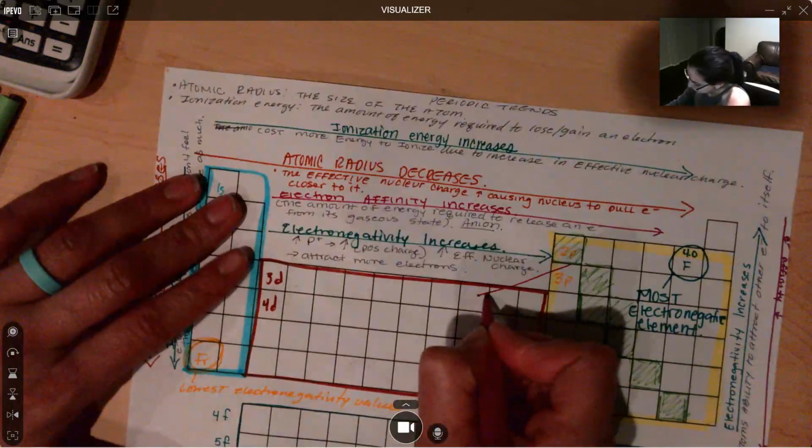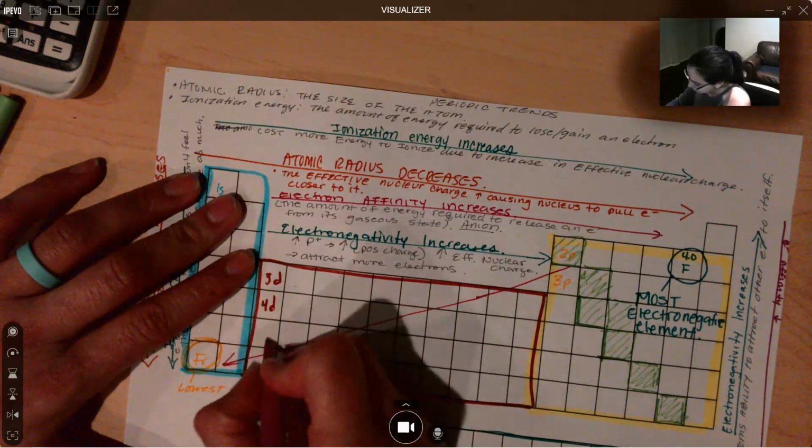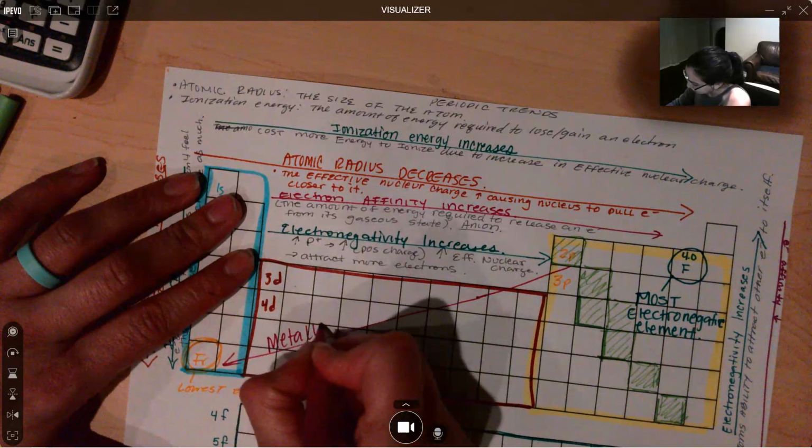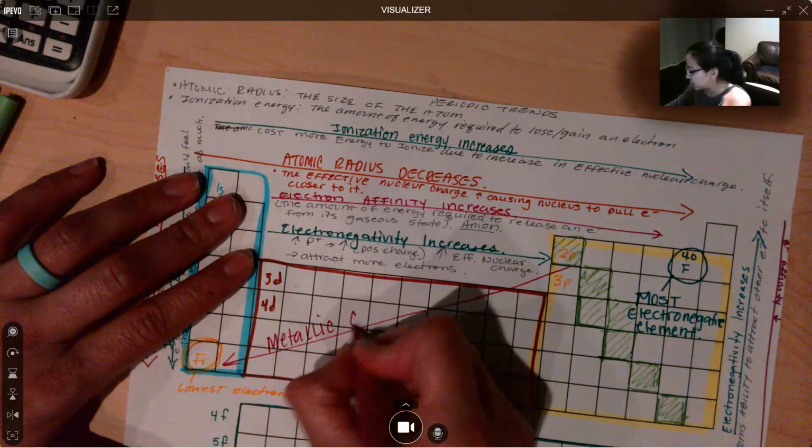All right, so our metallic character increases as we go down this way. Metallic character increases.